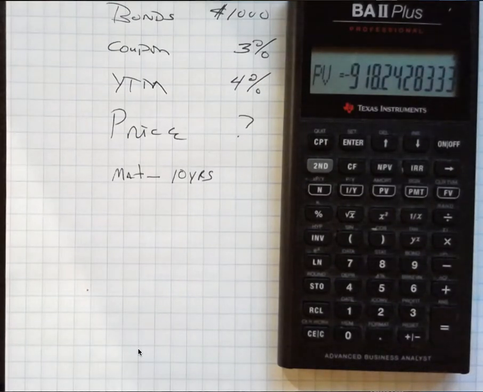So when you stop and think of it, if you sell that bond to somebody else, that somebody is going to receive $30 a year from the company for the next 10 years. And we have to make up a difference, of approximately $82, or say $8 and change each year for the next 10 years, which is going to come from you to make up the difference between 3% and that 4%.